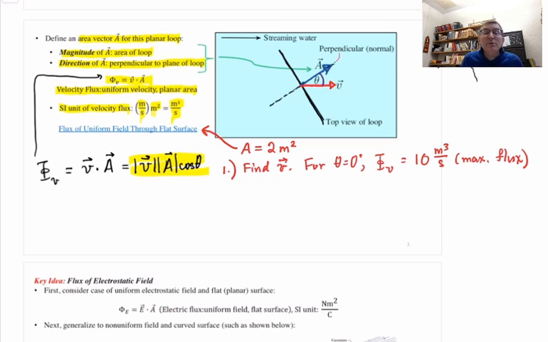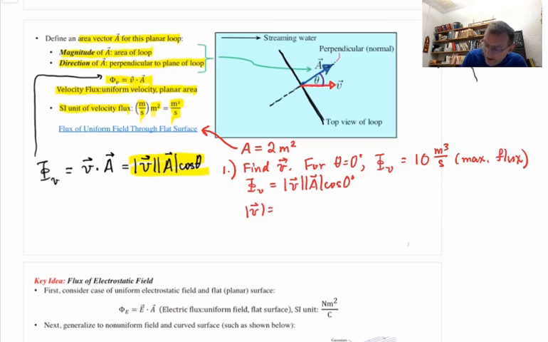I contend we can use that, along with the formula highlighted right there for velocity flux, to find V magnitude, yes? So, phi sub V is magnitude V, magnitude area, cosine theta. I'm going to use 0 degrees there. Then the phi I'm going to use is 10 meters cubed per second, and I'm just going to solve for V magnitude.